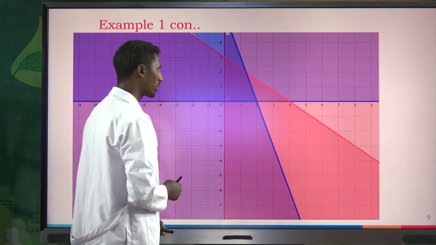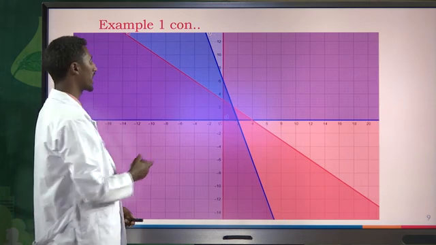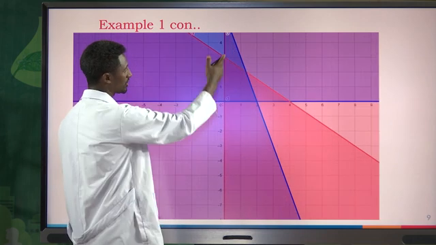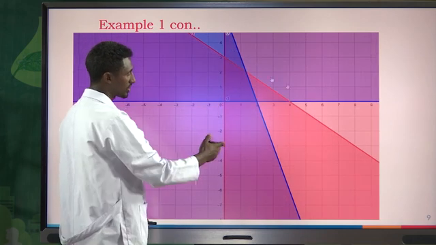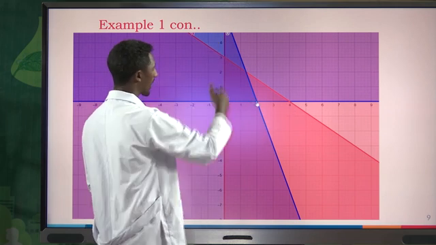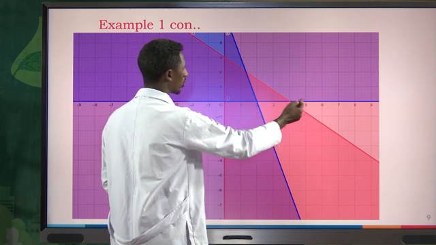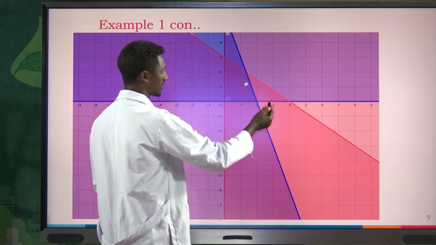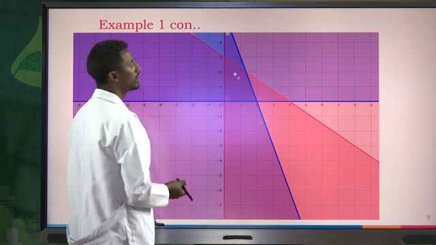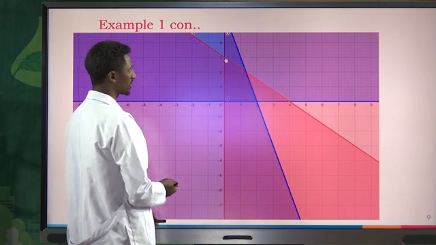And also, x must be greater than or equal to 0. x equals 0 is a vertical line, that is the y-axis. So x greater than or equal to 0 is to the right of the y-axis. And y equals 0 is the horizontal line, that's the x-axis. So y greater than or equal to 0 is the region above the x-axis.